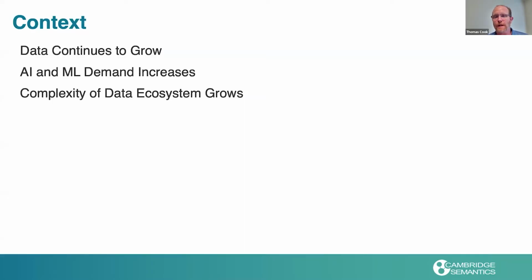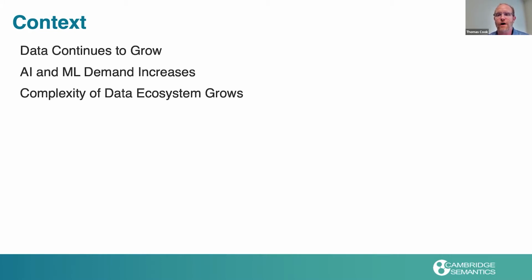So just to set a little bit of context, data volumes continue to grow at a staggering rate, along with the demand for new and better insights delivered faster. New applications spring up all the time, and with them bring new siloed data repositories, locking the data within. All this complexity to the data ecosystem just continues to grow.